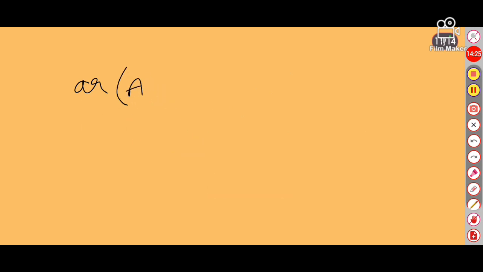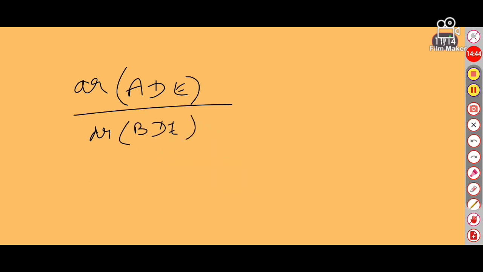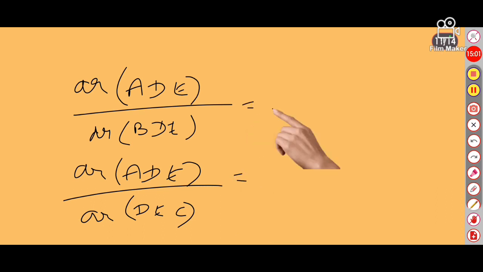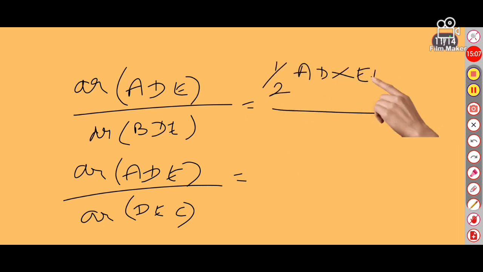Now by the area formula method, the area of ADE, the smaller triangle, divided by the area of BDE, and similarly the area of ADE by the area of DEC. First, the area of ADE which we found is half AD into EN.